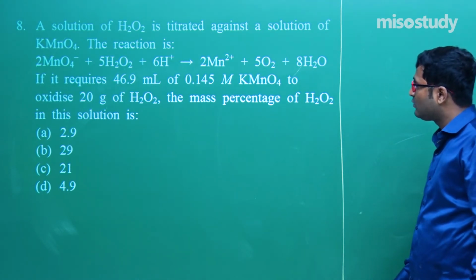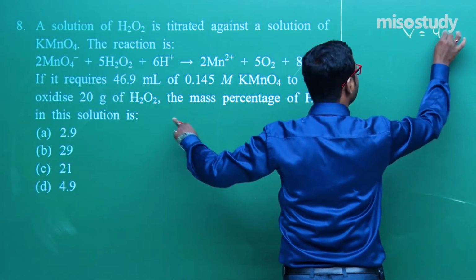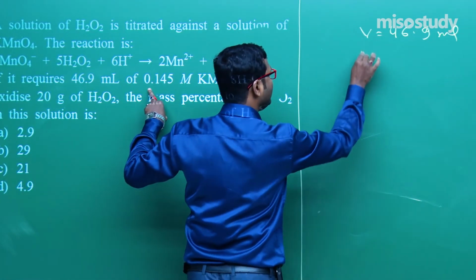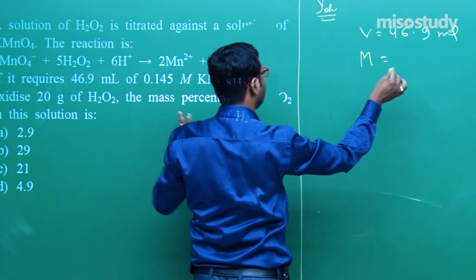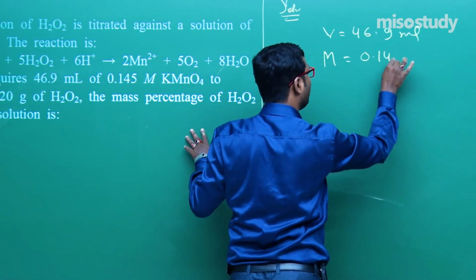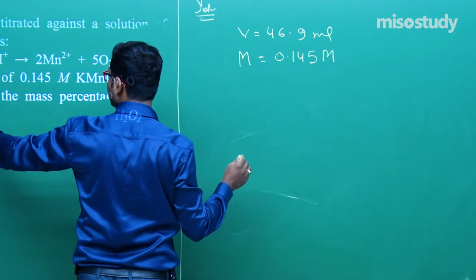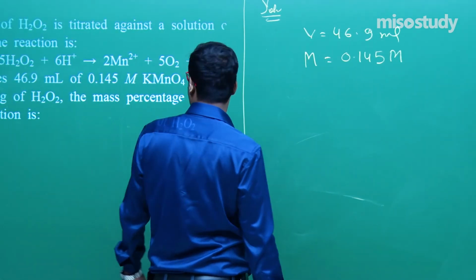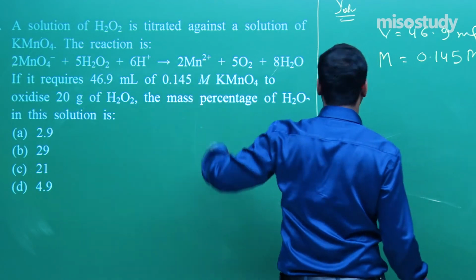It requires a volume of 14.9 ml, and the molarity is 0.145, to oxidize 20 gram of H2O2. What is the mass percentage? First of all, we have to find the number of moles, then compare with the standard equation.